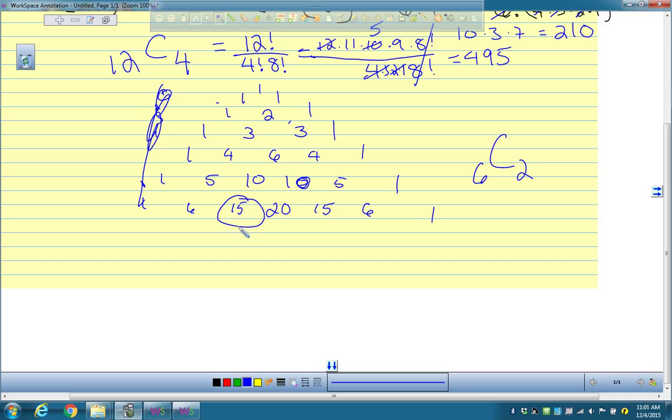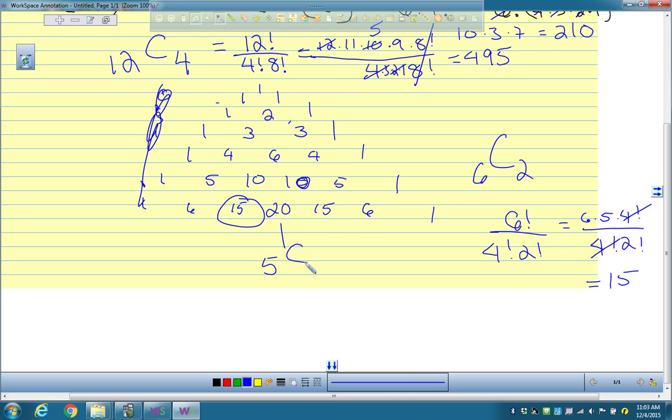Do you believe me? Watch. 6 combination 2 would be 6 factorial over 4 factorial times 2 factorial, which is 6 times 5 times 4 factorial divided by 4 factorial times 2 factorial, which is 6 times 5 divided by 2. What's 6 times 5 divided by 2? 15. See that?